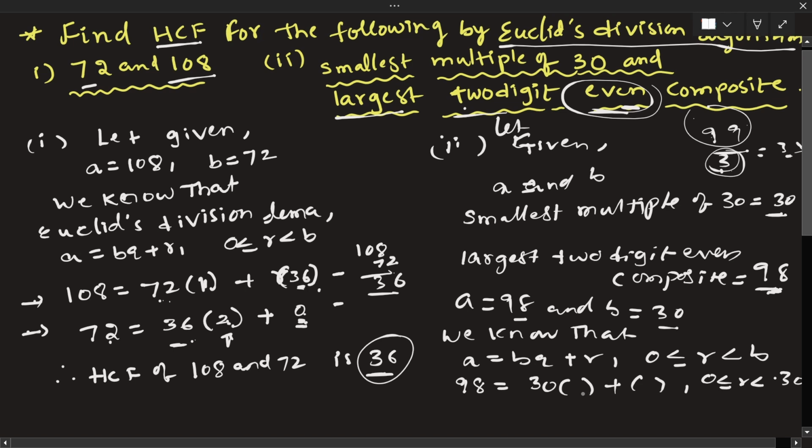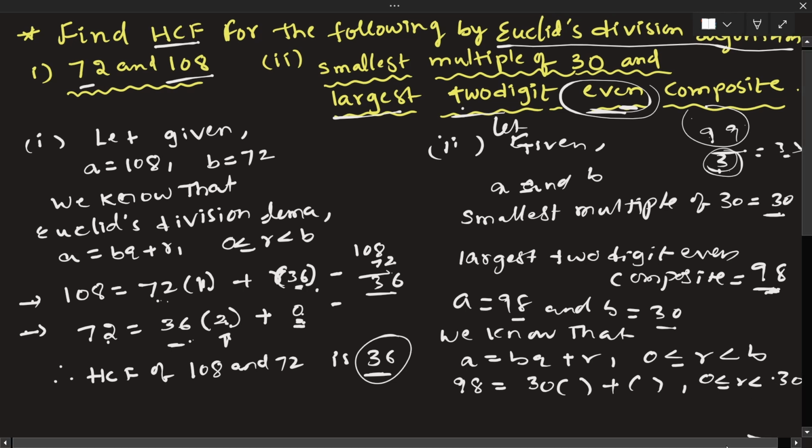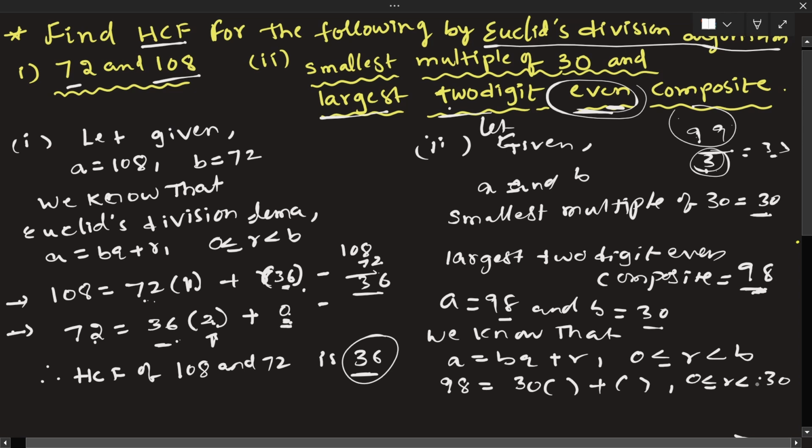How many times does 30 divide it, and what remainder do we get? The range of remainder is from 0 to less than 30. 30 times 3 is 90. What is the remainder here? 8 is the remainder. So we did not get a remainder of 0.